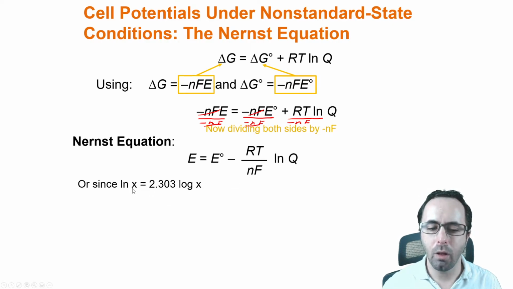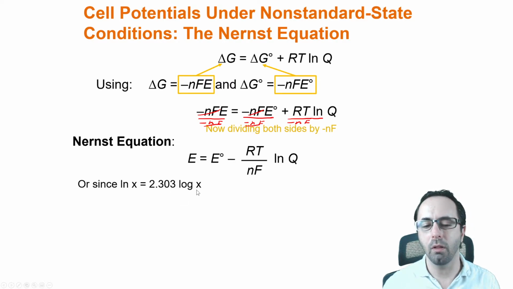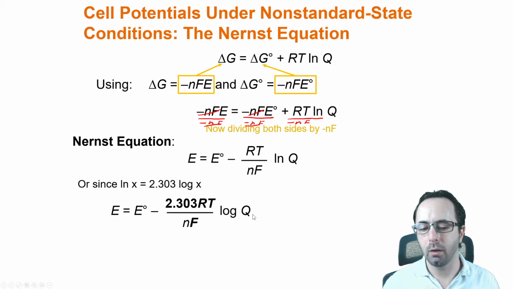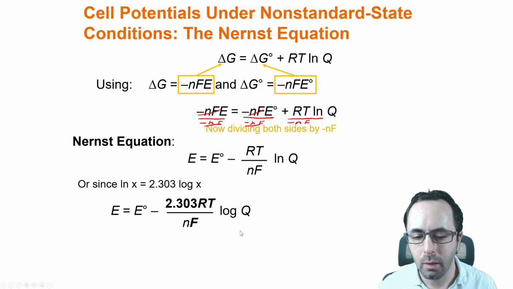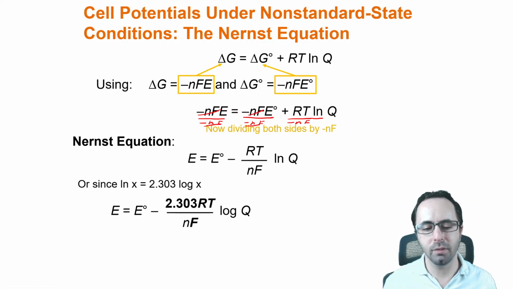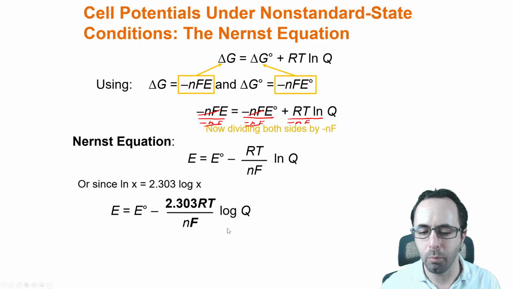So the natural log of X is equivalent to 2.303 times the log of X. So we say here that E equals E standard minus 2.303 times the base 10 log of Q. So what we've done is taken the natural log and now converted it to a base 10 log by multiplying by 2.303. Why? I don't know, but your book uses this equation over and over, so I think it's important that you're aware of it.